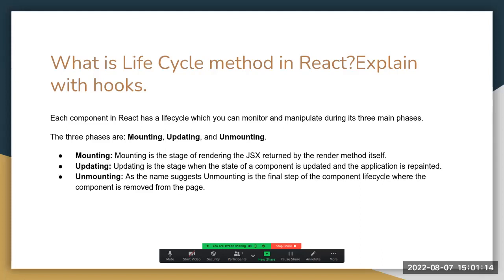In this phase the same useEffect hook will be called, but this time, as it was happening in the updating phase, the same cleanup function will be called first. So this was the unmounting phase, and I hope I explained it better this time.